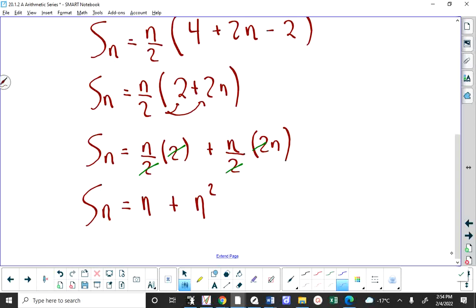That's interesting. What was question B asking us to find? The total number of flashes in how many minutes? 30? Go ahead and take 30 plus 30 squared. Get 930. Wasn't that the answer?